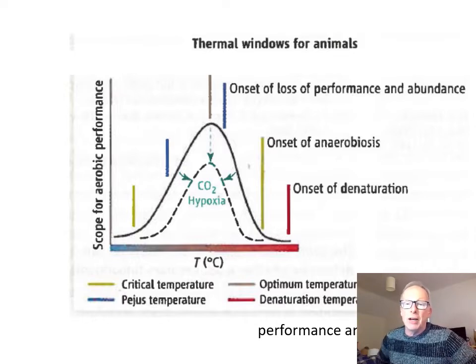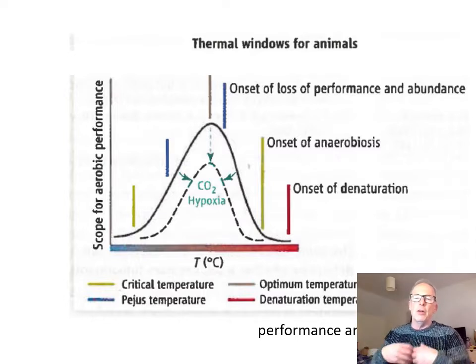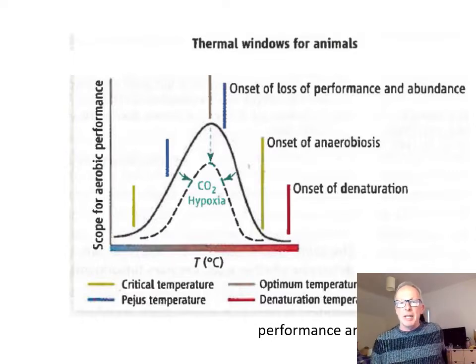Hans Portner's got the idea that the ability to deliver oxygen to your tissues at different temperatures is what plays a major role in determining how species can operate at different temperatures. So essentially at the extremes of the temperature range for this particular species, the organism is no longer able to deliver enough oxygen to its tissues to allow the species to persist.